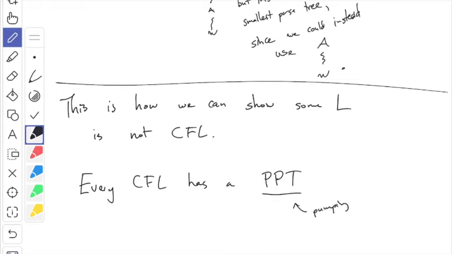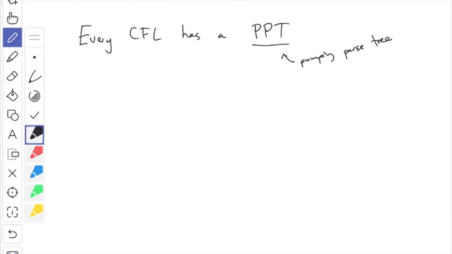That's what I just demonstrated. I said that doesn't have a name, but I think actually this is called the pumping lemma for context-free languages. I don't really care about that name; I use it just for the general method by which we do all of this. Every context-free language has a pumping parse tree. To show something is not context-free, you can use this to get a contradiction. So here's an example. I want to do one, and then I want you guys to try some.